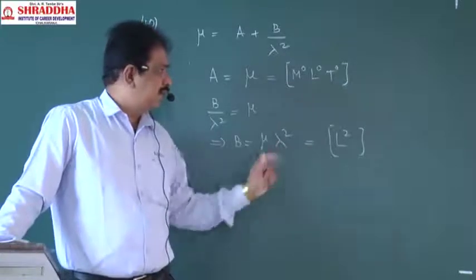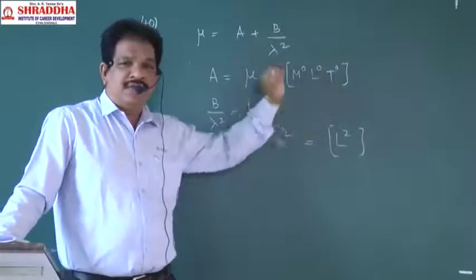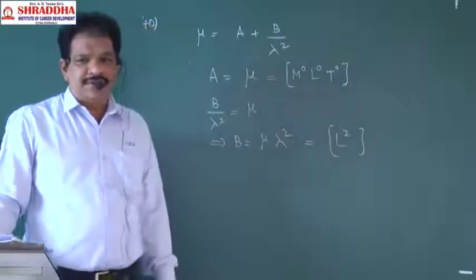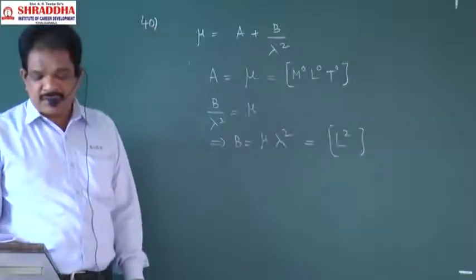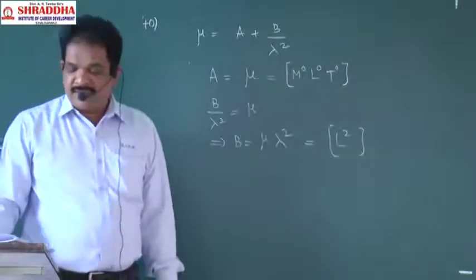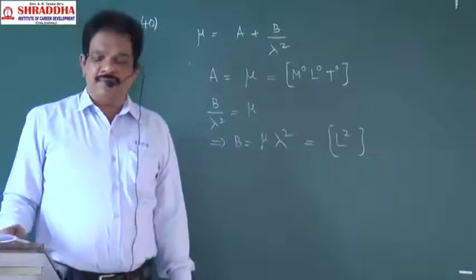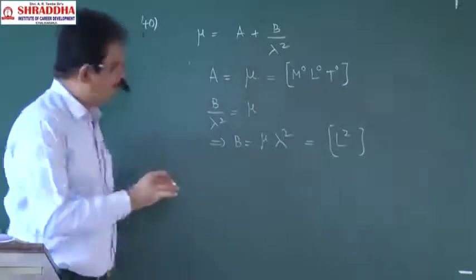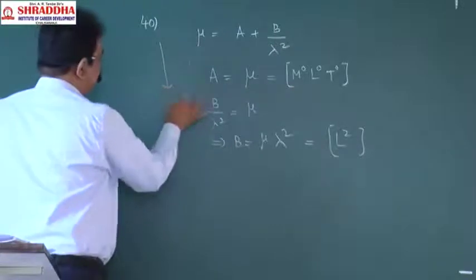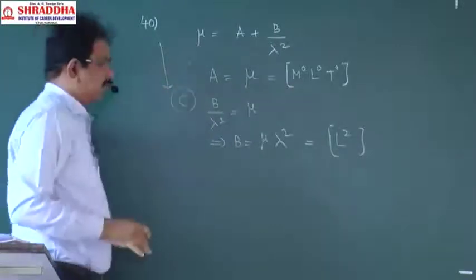So A is M power 0, L power 0, T power 0, and B is L square. Those will be the dimensions of A and B. So 40, it will be C.